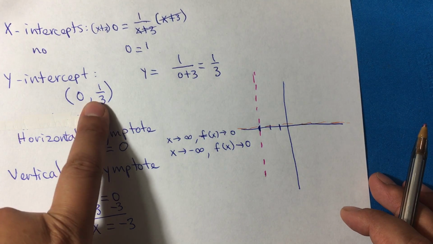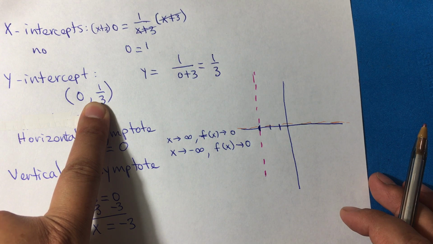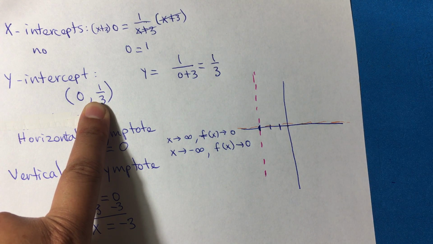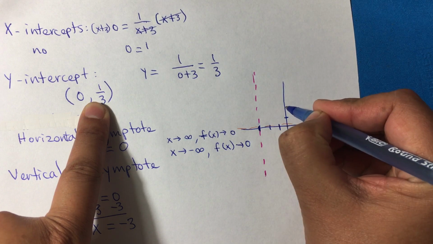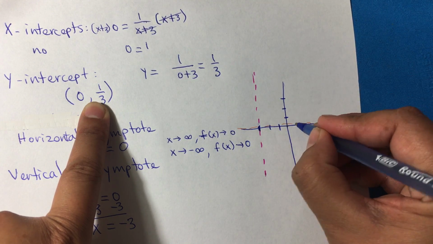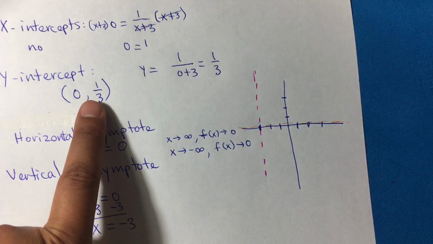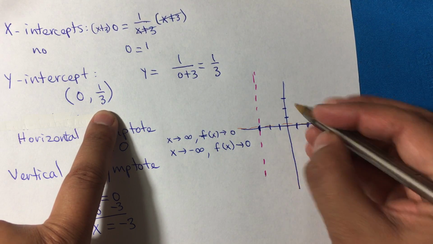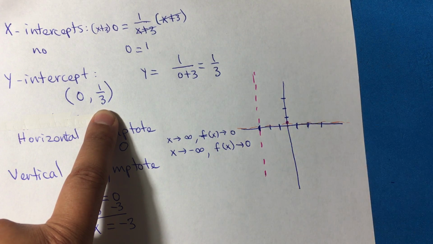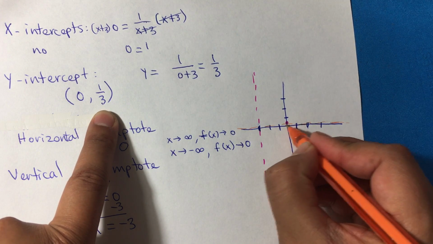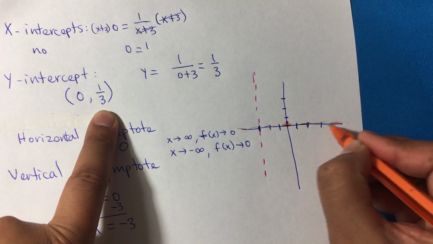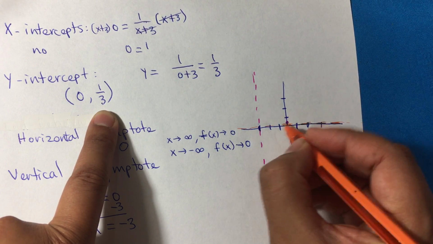Okay, it also says that the y-intercept is, so if we go like this, it's going to be at 1/3. So (0, 1/3) is around there. Okay, and I know this should be closer to the x-axis, not flying up there.